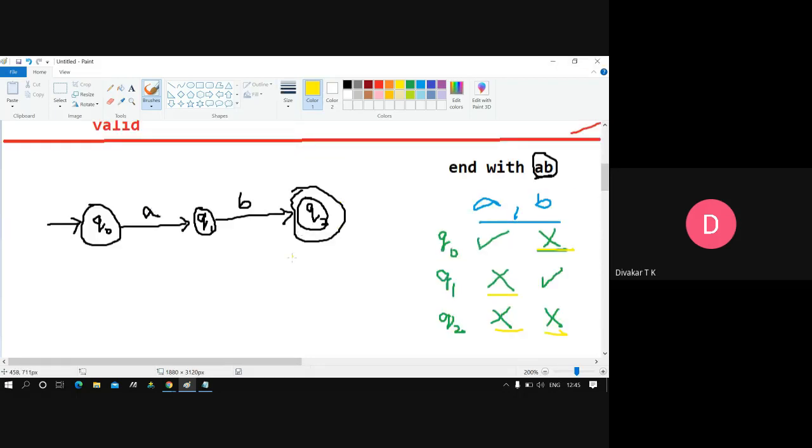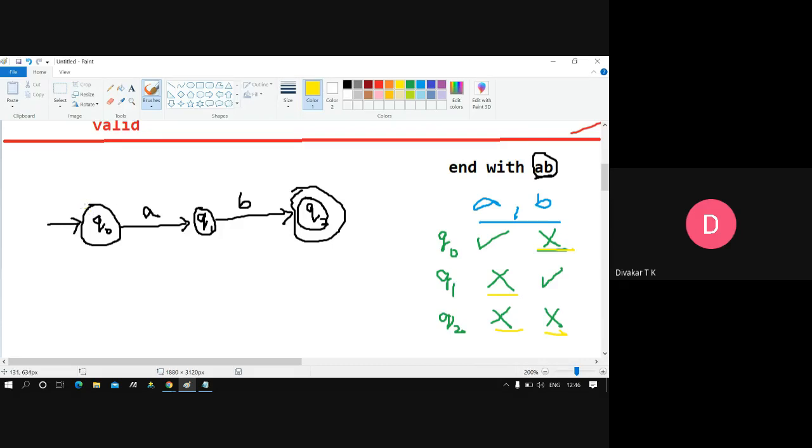If you are doing any other work, please stop it and concentrate now. One time I will explain. From Q0, A is passed, B is not passed. Whenever you write an outgoing edge, there is a condition. You can write a self loop or you can go back to the previous step. First I will always check with the self loop.